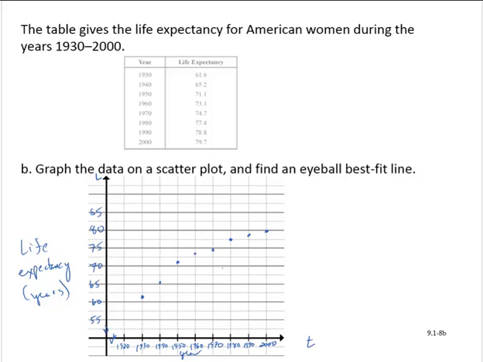The reason is it's more recent data, and I would expect it to provide more reasonable conclusions than including those first 2 points. It looks like if I go through the point on 1950 and the point on 1990, I'll get a pretty good line.